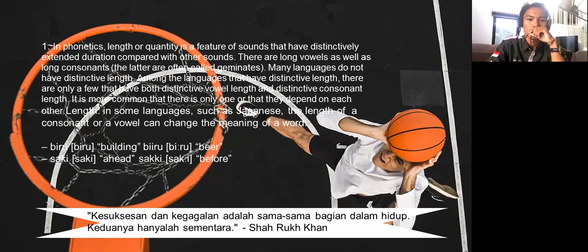Among the languages that have distinctive length, there are only a few that have both distinctive vowel length and distinctive consonant length. It is more common that there is only one or that they depend on each other. In some languages, such as Japanese, the length of a consonant or a vowel can change the meaning of a word.